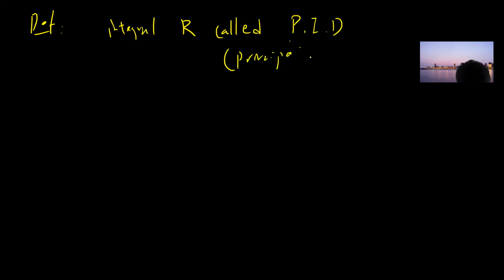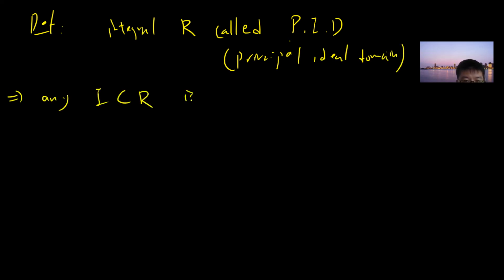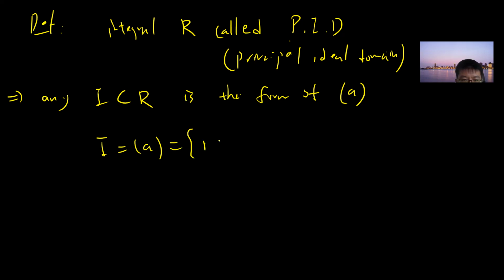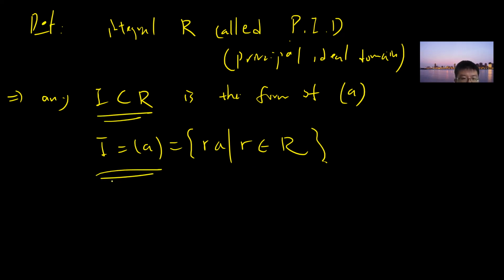If you have an integral domain R, it is called a PID, a principal ideal domain, if any ideal in R is of the form generated by a single element A. That is, you can always find A such that the ideal is (A), which is RA, with R belonging to R. This means that any ideal is generated by a single element.